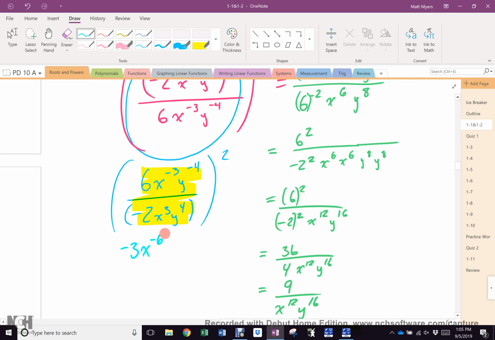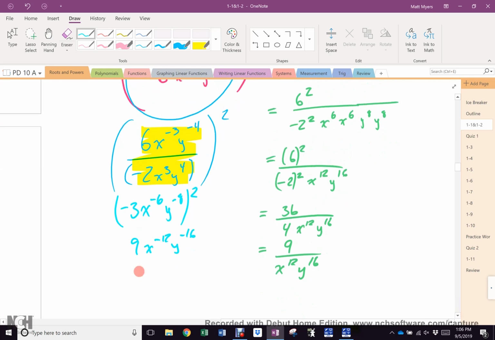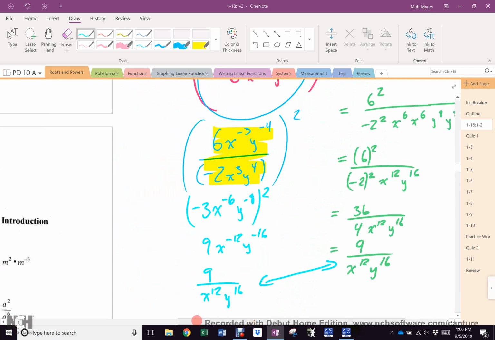X to the -6. -4 minus 4 is y to the -8. Then all that squared. Then -3 squared is 9. X to the -12, y to the -16. And then I move. Did I get the same spot? Would you all have gotten to the same spot? Does order matter? No. That is where we stop.